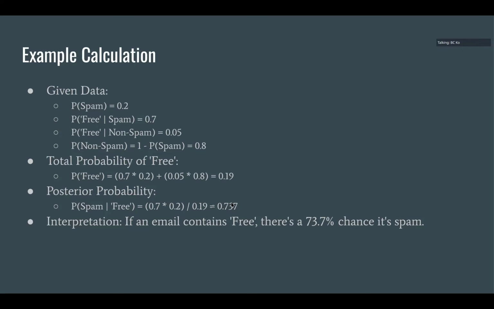This means that if an email contains the word free, there is a 73.7% chance that it's spam. So we can see that Bayes' theorem can be used to improve spam filters by updating the probability of an email being spam based on its content.